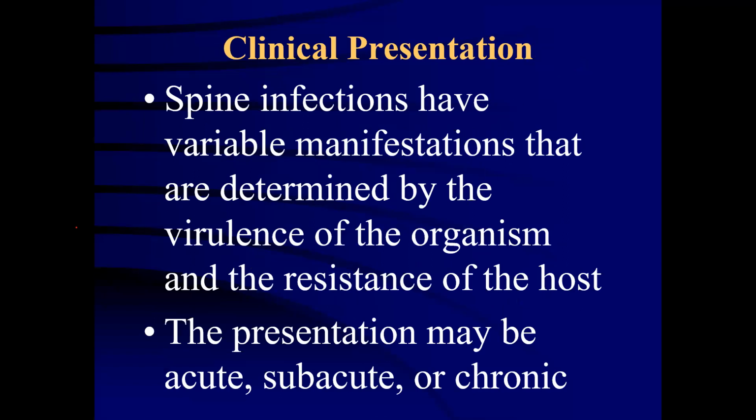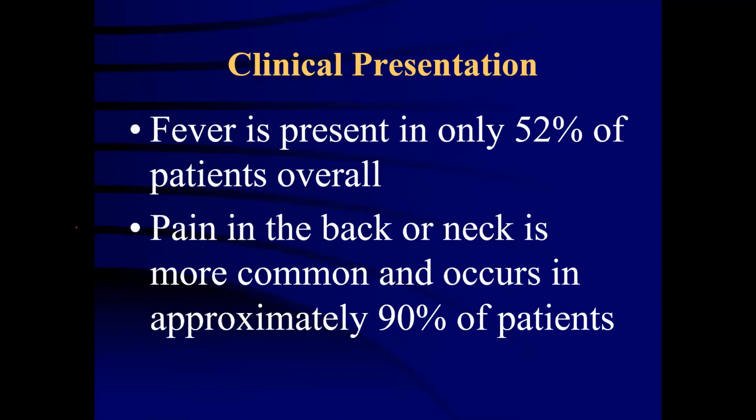Spine infections have variable manifestations that are determined by virulence of the organism and the resistance of the host. The presentation may be acute, subacute, or chronic. Fever is present in only 52% of patients overall. Pain in the back or neck is more common and occurs in approximately 90% of patients.